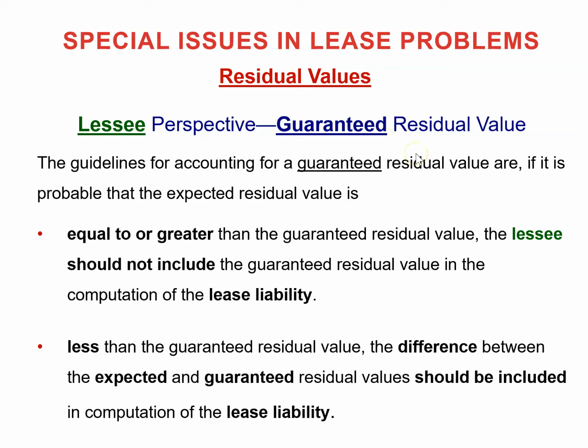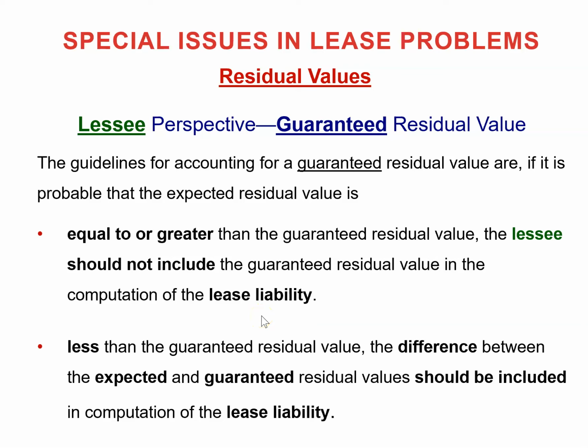If the residual value is guaranteed, then we have to look for some other information. We also have to check the expected residual value. If the expected residual value is equal to or greater than the guaranteed residual value, then the lessee will not include this guaranteed part in lease liabilities.